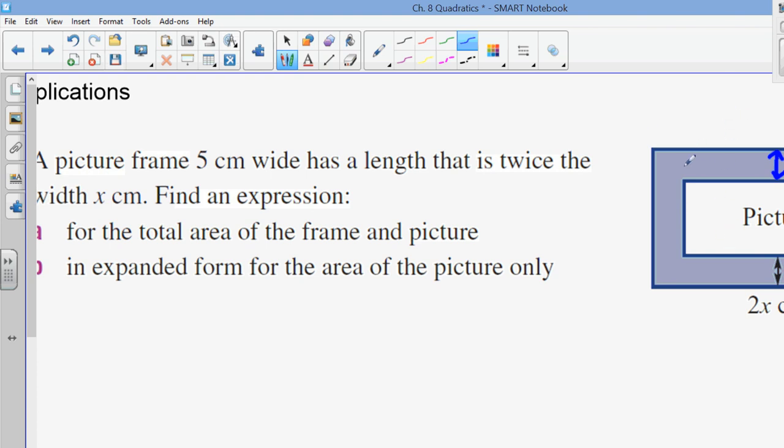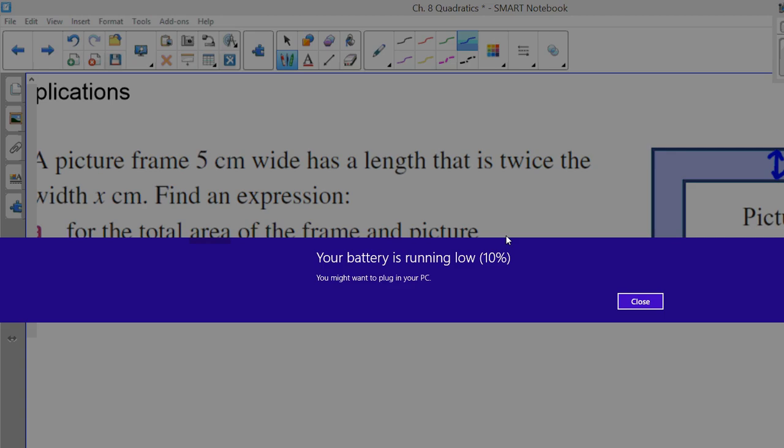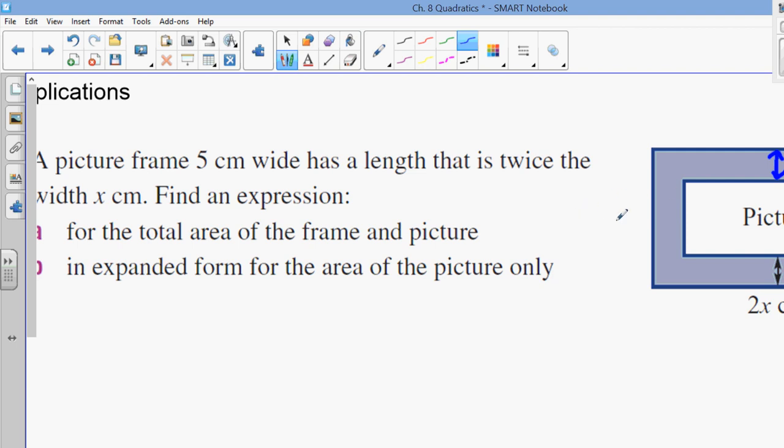So if I want to find the distance of just the width of the picture, if I know this is 5 here, this is 5 to here, and the whole distance is x, basically what I'm looking at is x, the whole distance, minus 10. So take away 5 from either end, okay? So my picture itself is going to be x minus 10 for the width, and then my length of the picture, again, this is 5 and this is 5, and the whole distance is 2x. So this would be 2x take away 10.